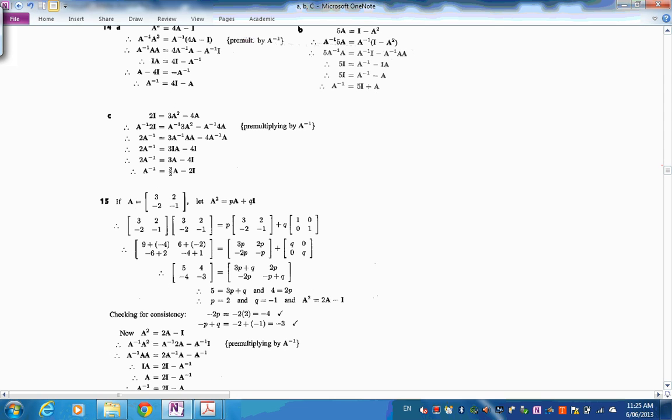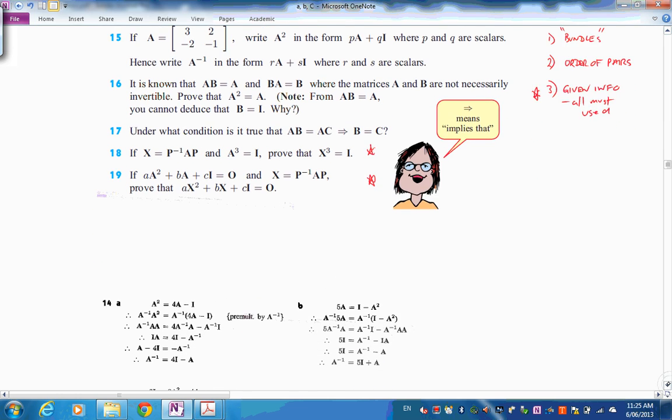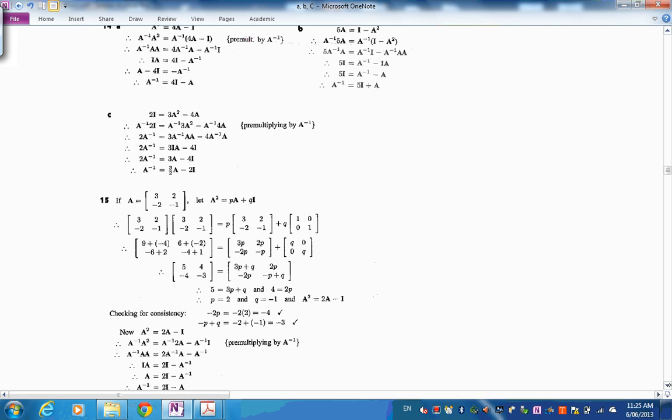Let's go down and have a look at the solutions. Just come here a little bit. Let's maybe go up just a little bit there. Not too much here, so just coming down. 14A, B and C. Yep. Okay, let's go to 15.